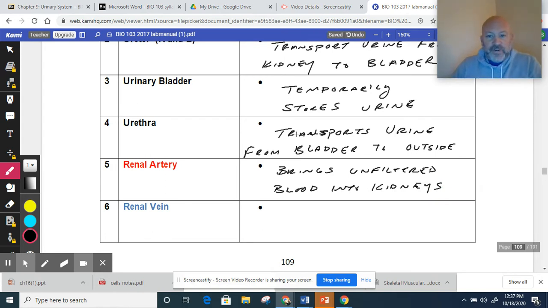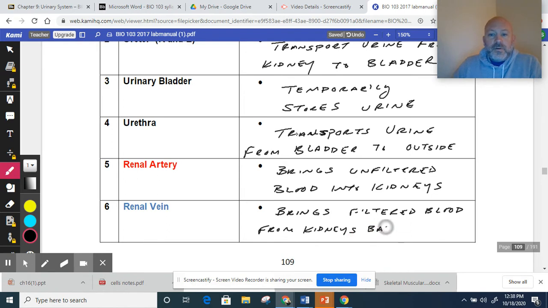Where the renal vein brings, let's try to clean it up, brings filtered blood from the kidneys back to the heart.